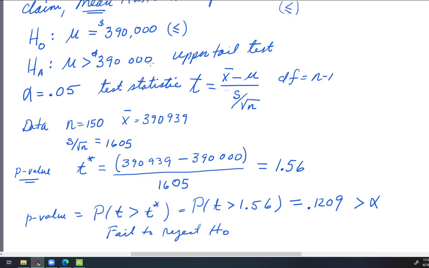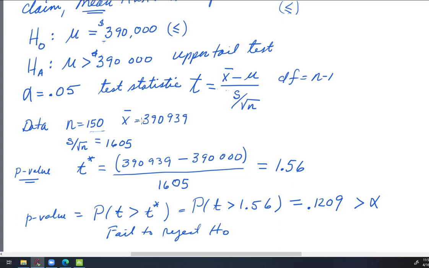Now let's see what the evidence is. The claim is that the average selling price is $390,000, and we take a sample of size 150. That's a fairly good size sample, and we find that the average of our sample is 390,939, so about $1,000 over what this claim is saying.